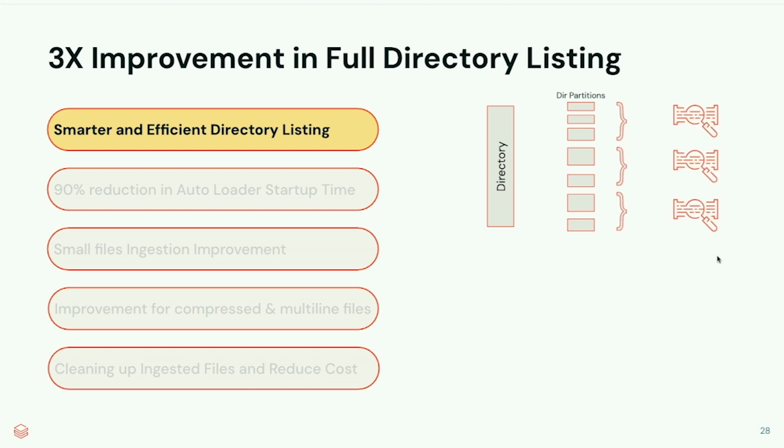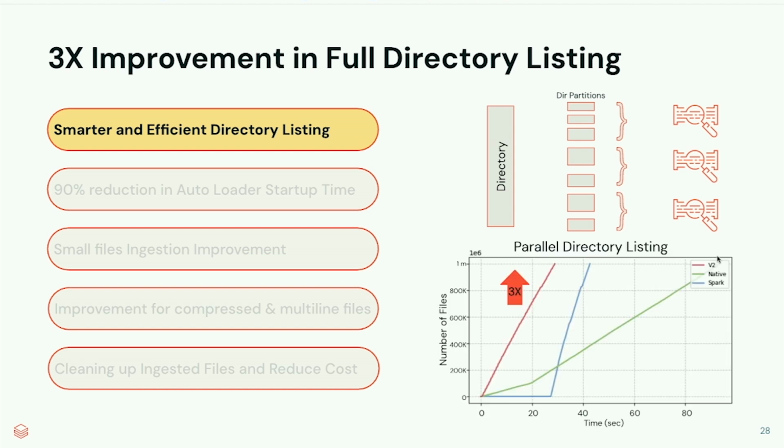By doing so, it is able to significantly improve the runtime of discovering the new files. What this graph is showing is that the red line is the new directory listing, which is almost 3 times better at discovering all the files in your cloud versus our previous directory listing.